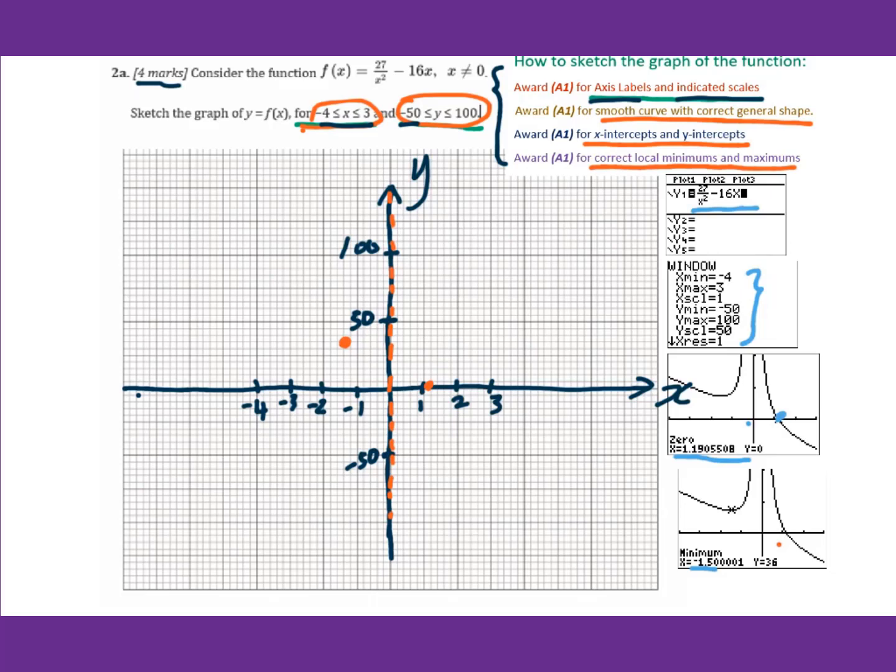Then you need to draw the general shape according to the graphing calculator. Remember, don't touch this vertical asymptote line.